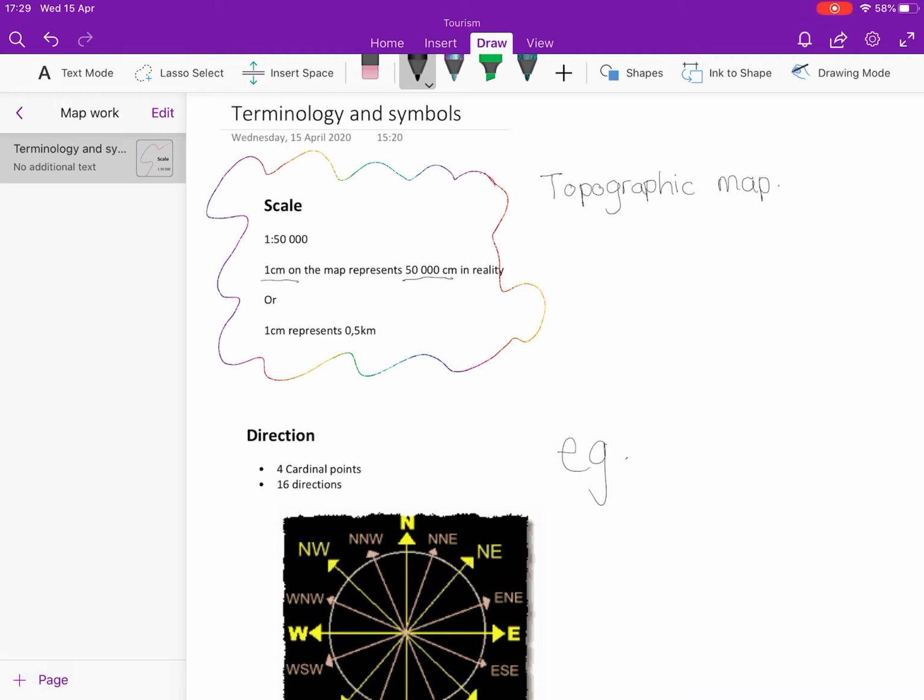We can have different types of scales. We can have 1 to 500, for example, and that will simply mean that 1 centimeter represents 500 centimeters in reality. Alright, so that is our scale, and we've mentioned the symbols.